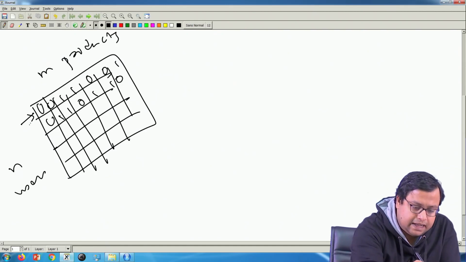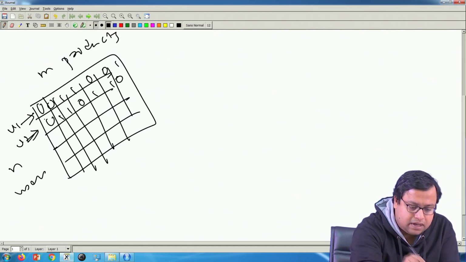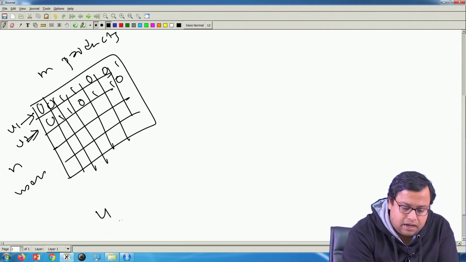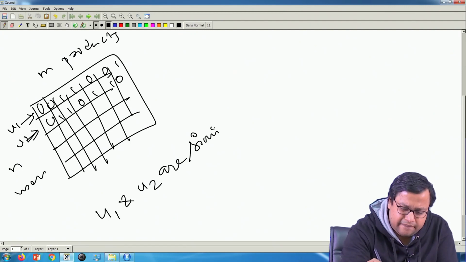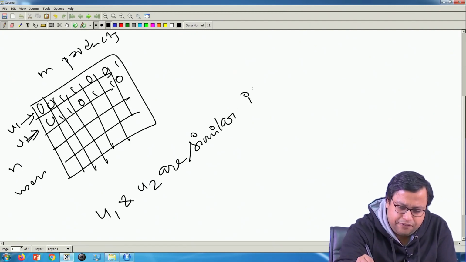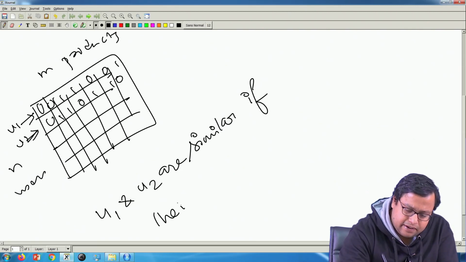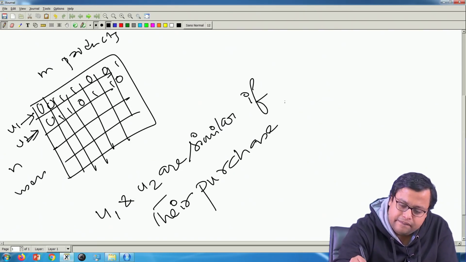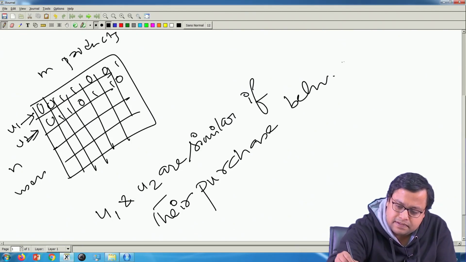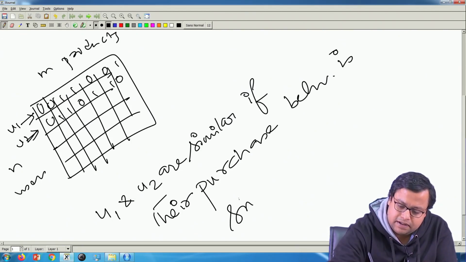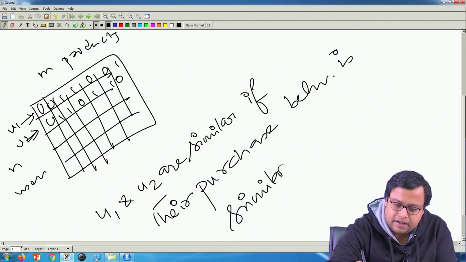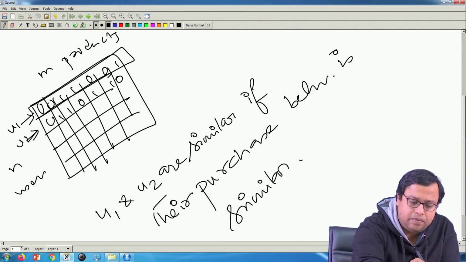So, this row and this row, user 1 and user 2, are similar if their purchase behavior is similar.